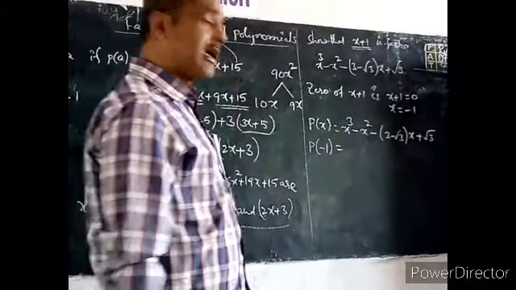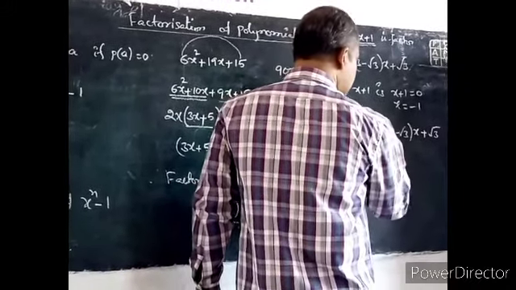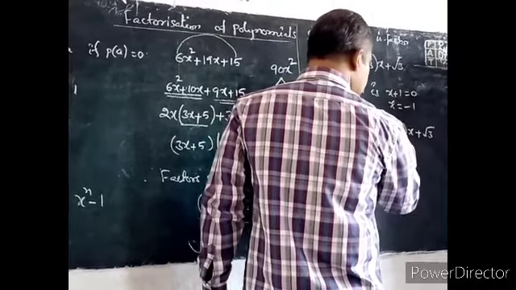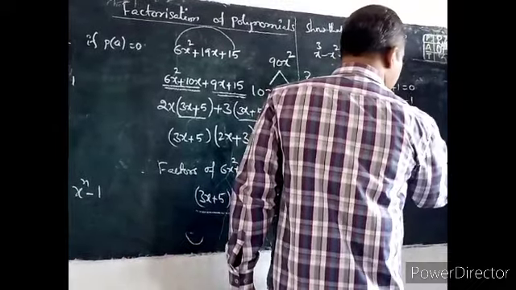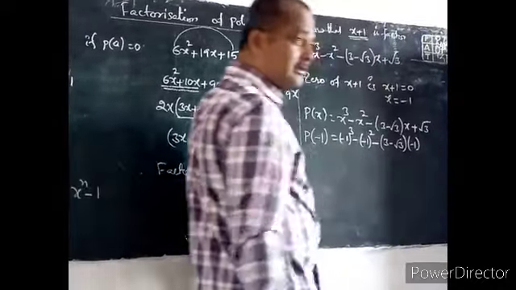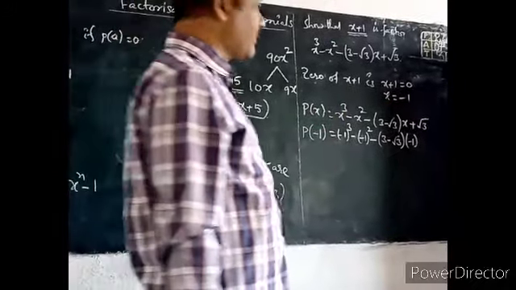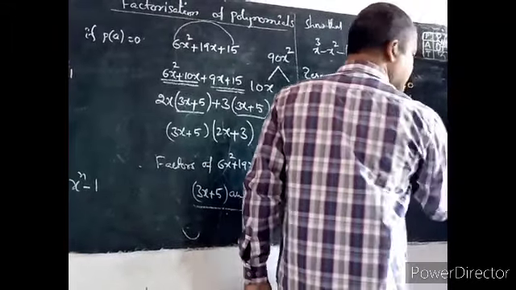In place of x, minus 1 whole cube minus minus 1 whole square minus in brace 3 minus root 3 into minus 1, not plus 1. Where x exists, there you should write minus 1 only. Next root 3 is a constant number, that one as it is.